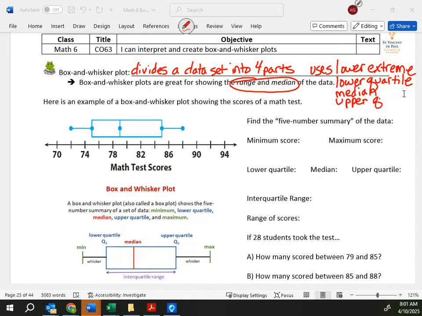So upper quartile and upper extreme. And that's how we divide up our data into those 4 parts.